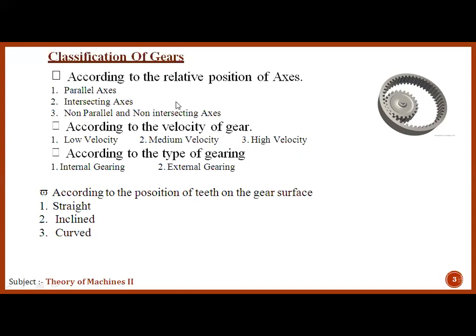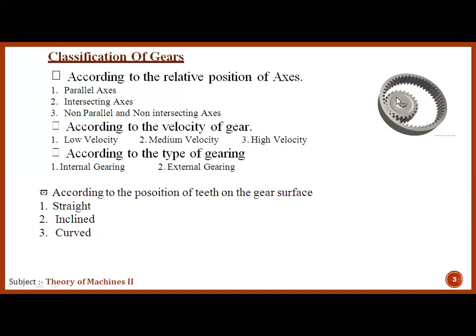Similarly, this is an internal gearing. This gear pair is an example of internal gearing because this one has external teeth and this one has internal teeth. There are also gear pairs where we have external gearing.